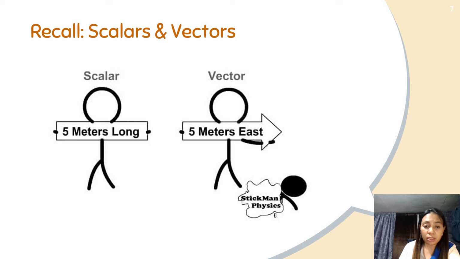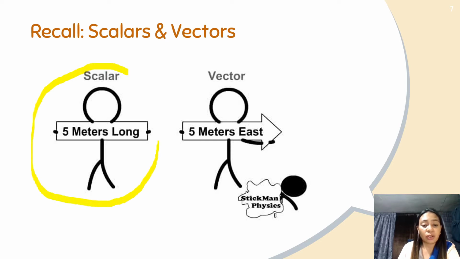So we recall our scalars and our vectors. For a scalar, when you say 5 meters long, you only say 5 meters long. That's just a scalar. But a vector quantity is complete by adding its direction.